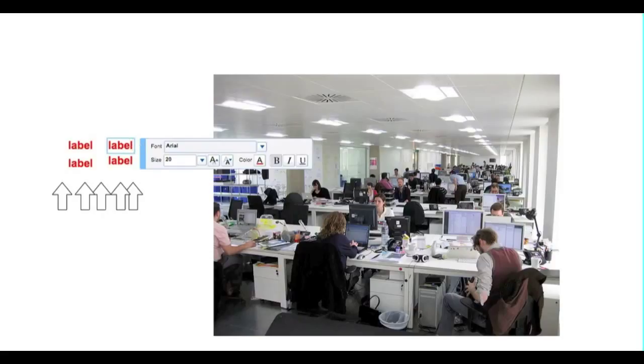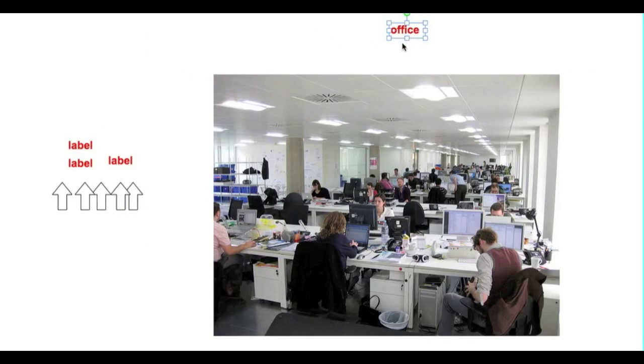So I'm going to modify this label here to say office. So that's modified, and let's just put that at the top here. We know that the place here is an office, okay?